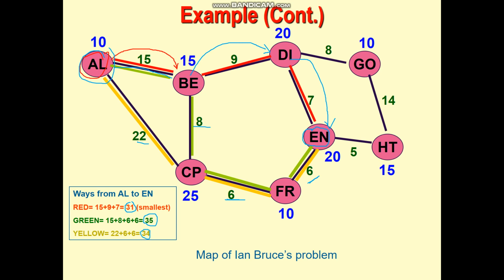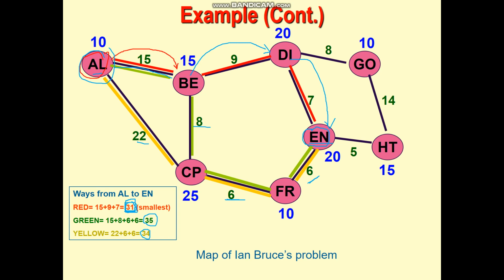So on and so forth, we find all the ways that we can go from AL to EN and compare. We can see that if we follow the red way, the distance is the smallest, 31. We don't care about the other values, we just care about the smallest value.